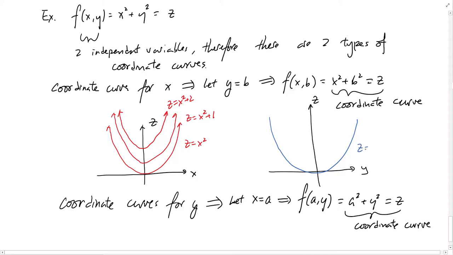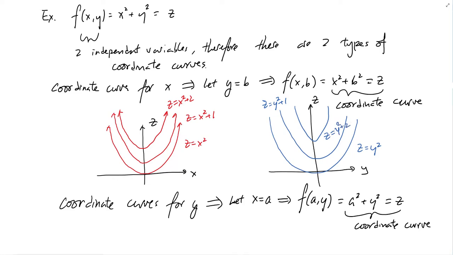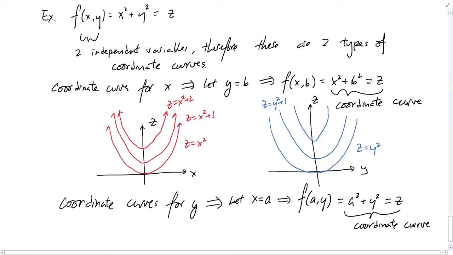So this is z equal to y squared, and then maybe this one is z equal to y squared plus 1, and then maybe this one is z equal to y squared plus 2, and so on and so forth.